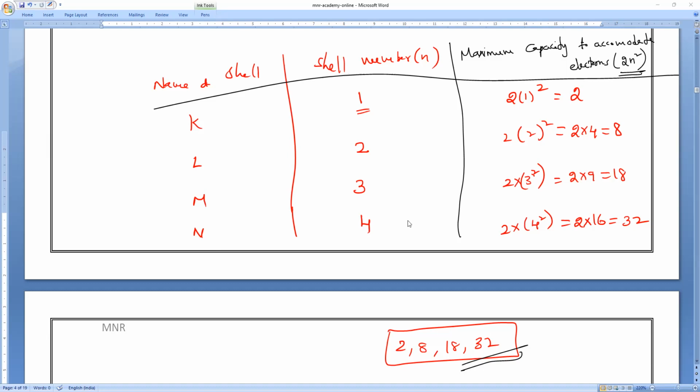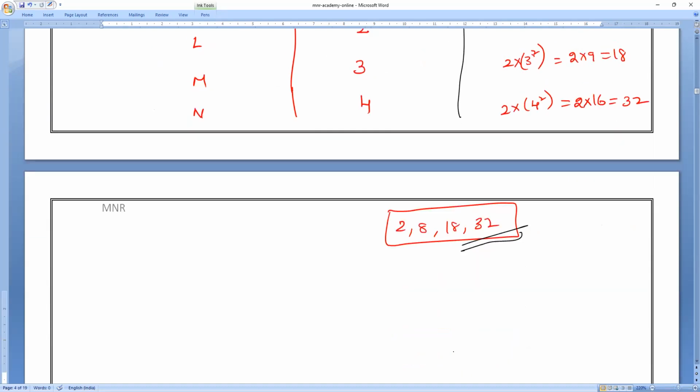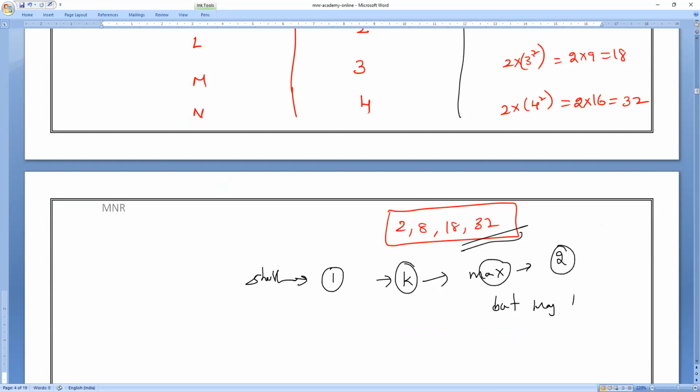Suppose I take shell number 1. What is it? K shell. In the K shell, how many electrons can go at maximum? Maximum 2, but maybe one also. For example, take hydrogen.